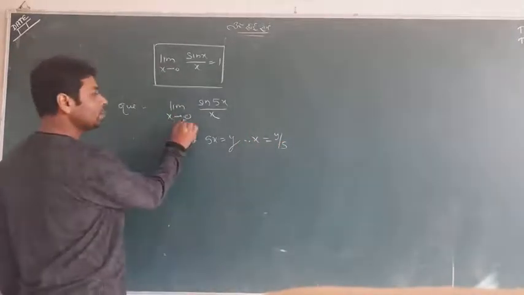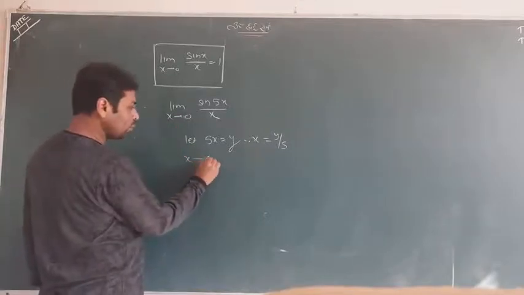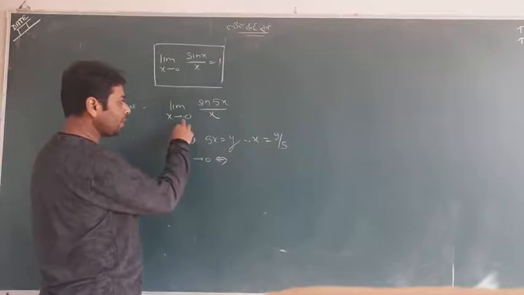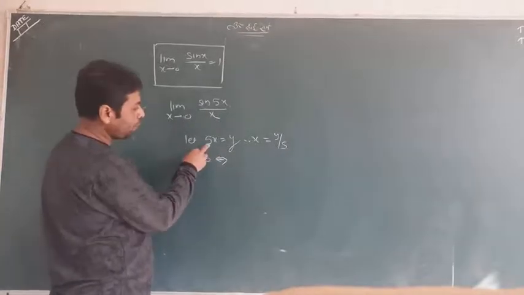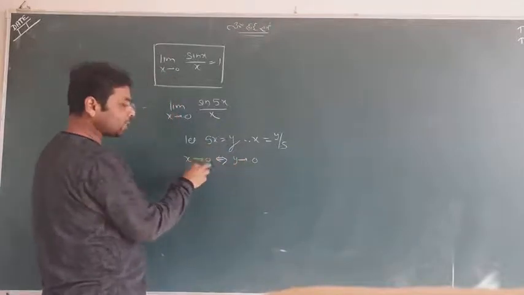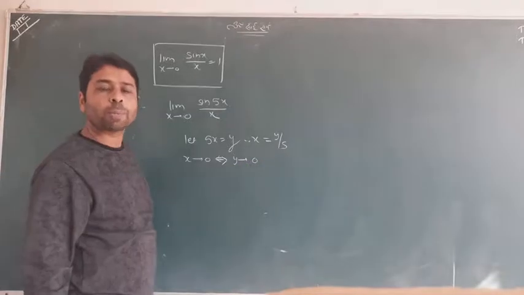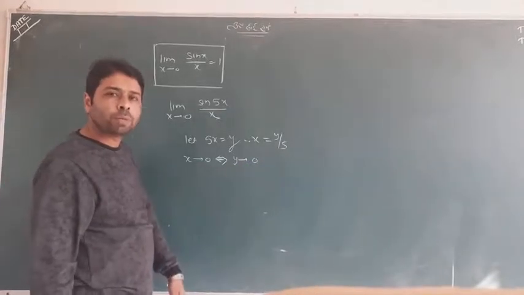And you can understand when x will go to 0, 5 into 0 will be 0, so y will be 0. When x is going to 0, y will definitely approach 0.